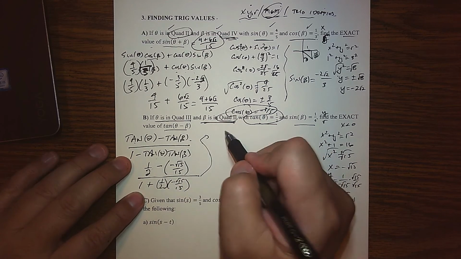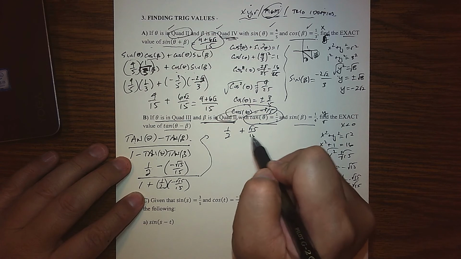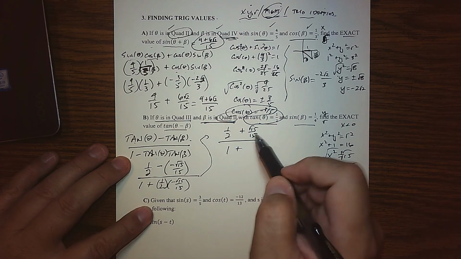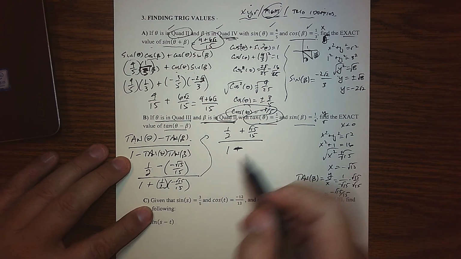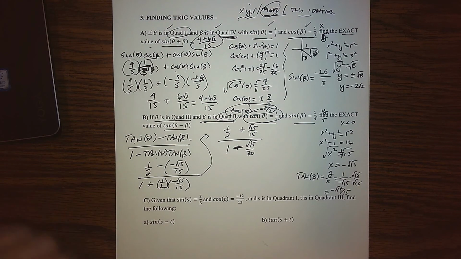So this becomes 1/2 plus the square root of 15 over 15, and the bottom becomes 1 plus, actually minus, because negative times a positive is a negative, square root of 15 over 30. And we still have some simplification to do, guys.